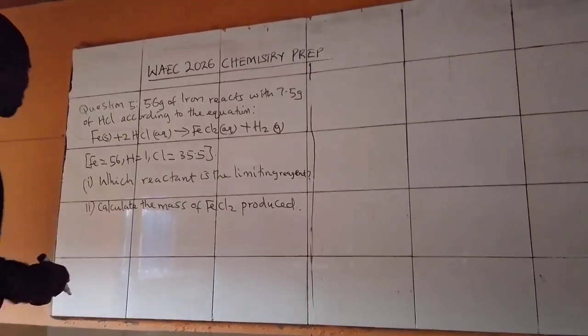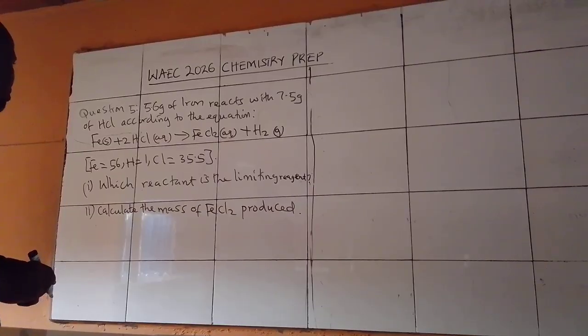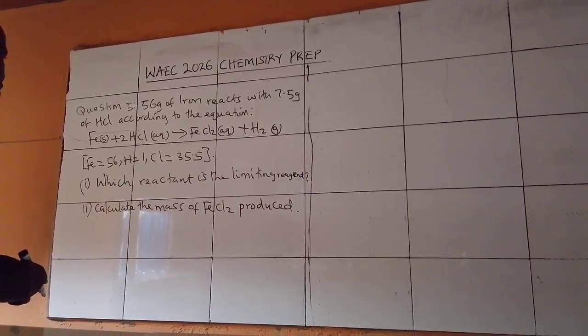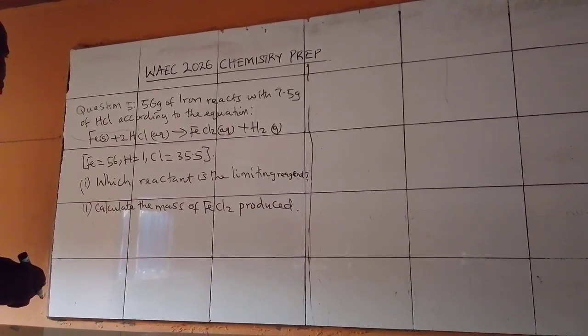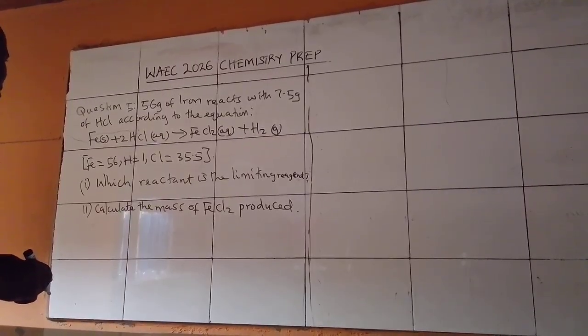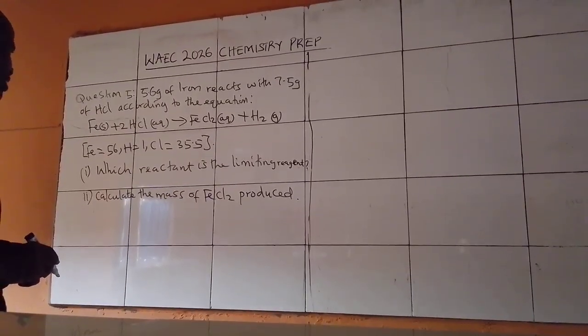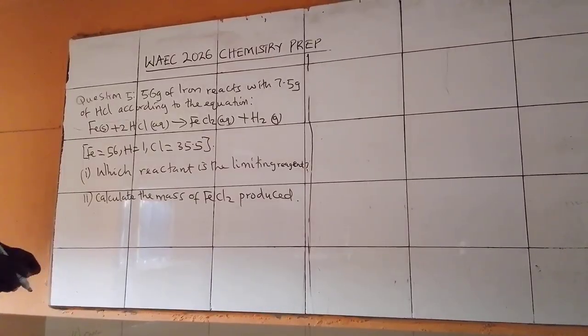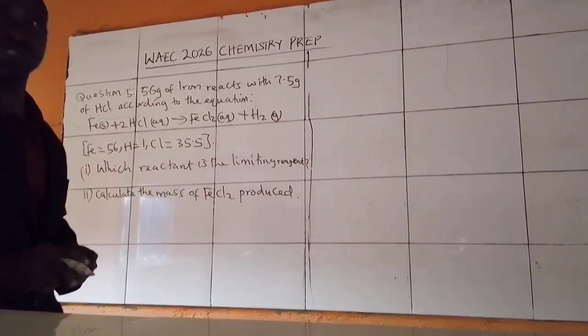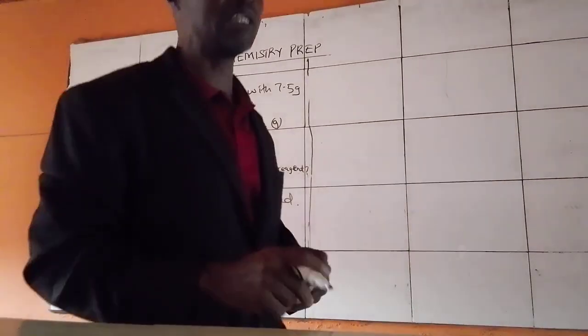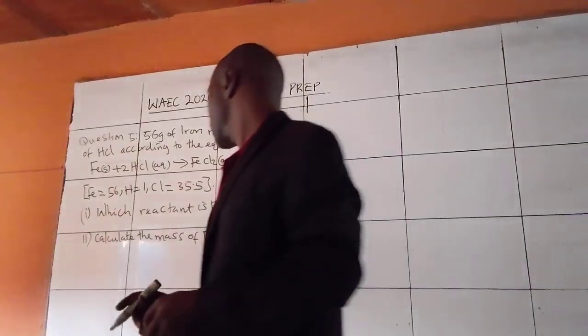The atomic mass of iron is 56, that of hydrogen is 1, and that of chlorine is 35.5. And the question says, which reactant is the limiting reagent?